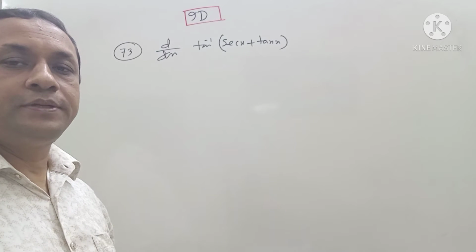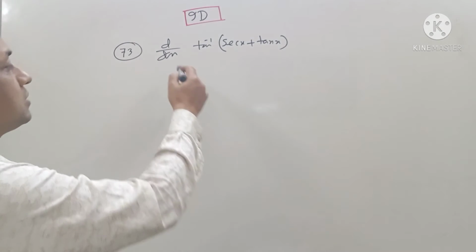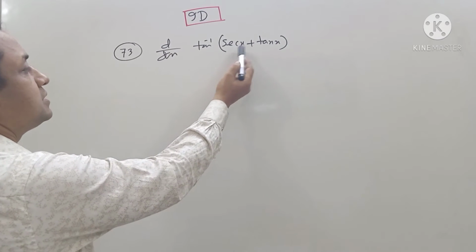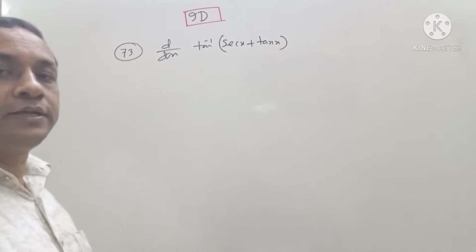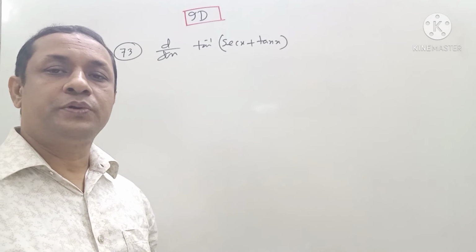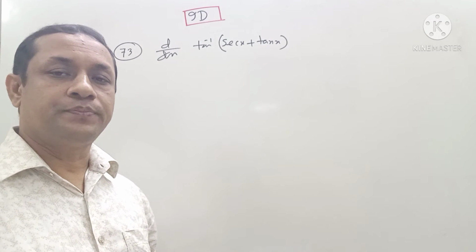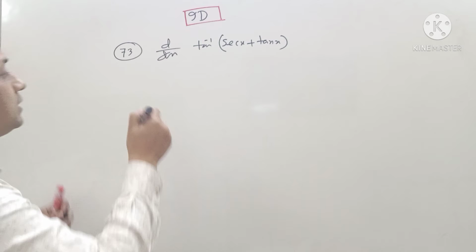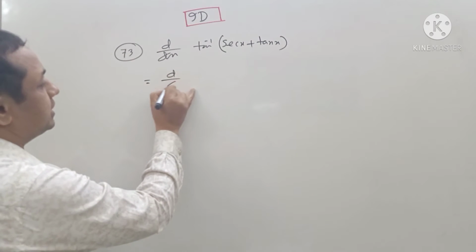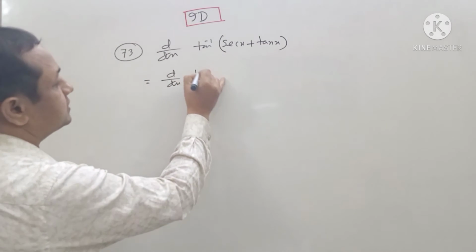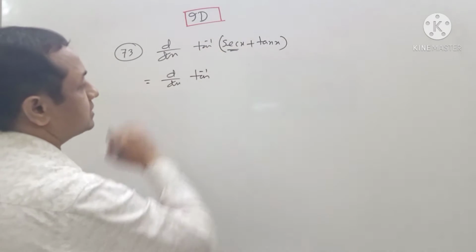Question number 73: d/dx of tan inverse of sec x plus tan x. It's a very important question for your exam. So students, we know d/dx of tan inverse x, and here we have sec x plus tan x.